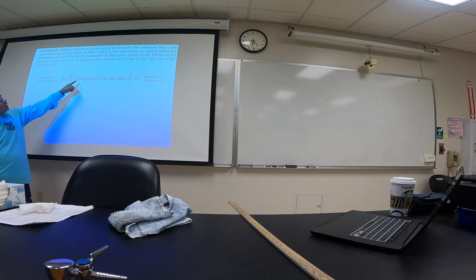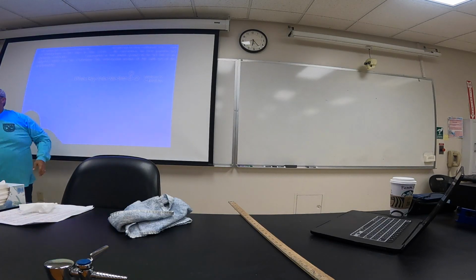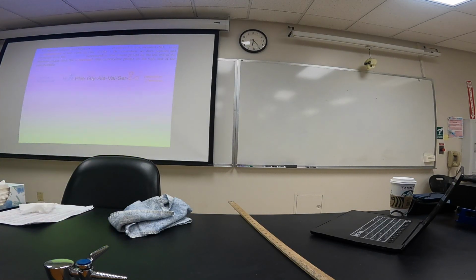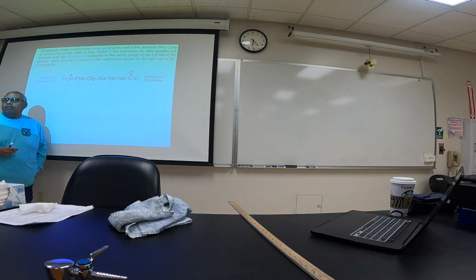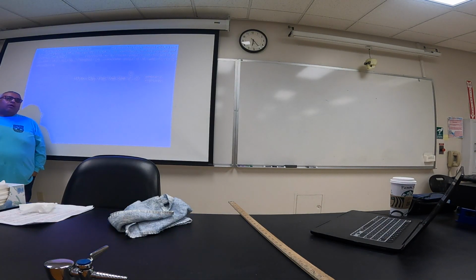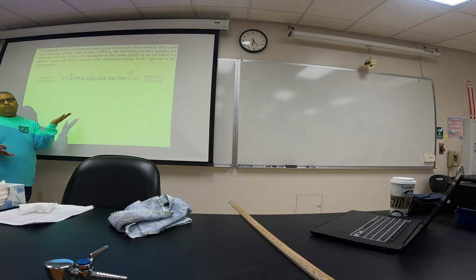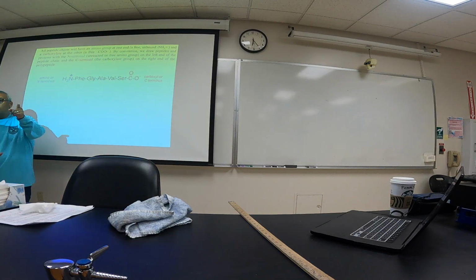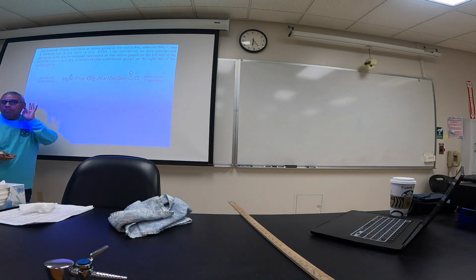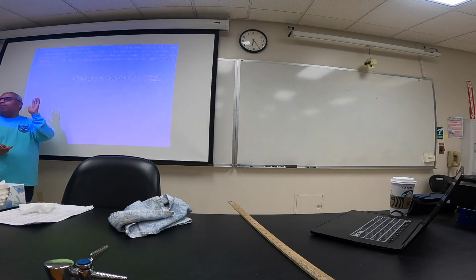So this peptide contains 1, 2, 3, 4, 5 amino acids. What could we call this particular peptide? If I had 2, I'd call it a dipeptide. But since I have 5, what do we call it, Azalea? Pentapeptide, right?